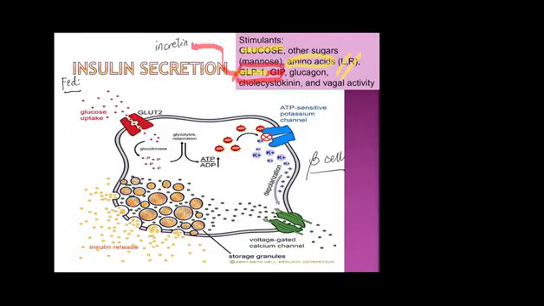Glucose molecules will enter the beta cell via a specialized transporter called GLUT2, or glucose transporter 2. Again, it is taken up by glucose transporter 2, so you can see in the figure that glucose enters the beta cell. So far, do you follow?